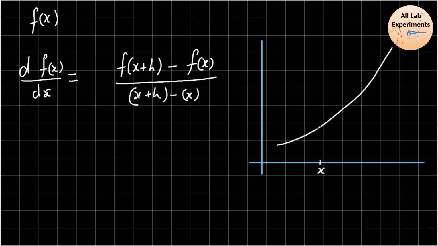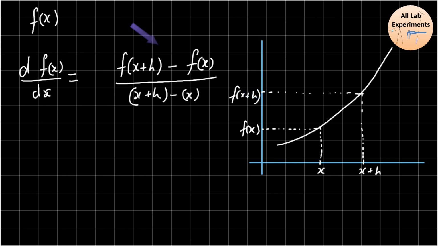At this point x there is some value of this function which we can call f(x). Now consider one more point x plus h, and corresponding to this I have some value f(x plus h).